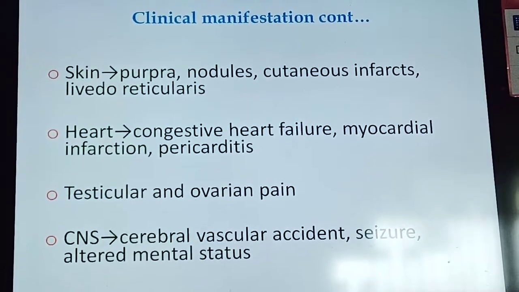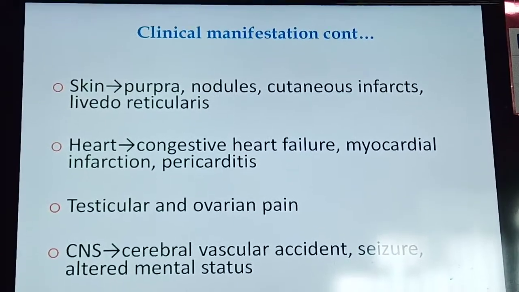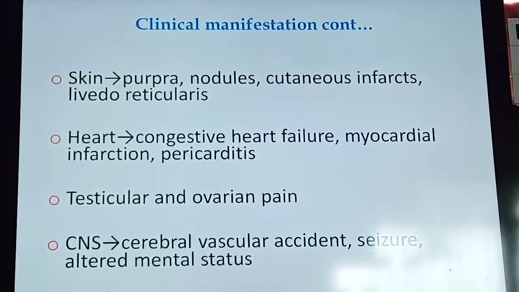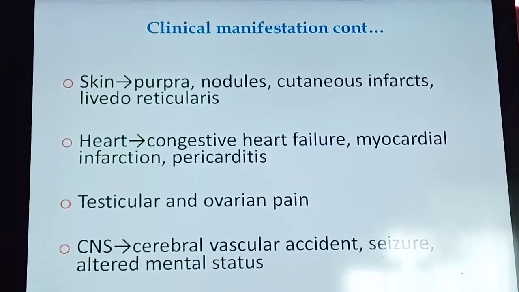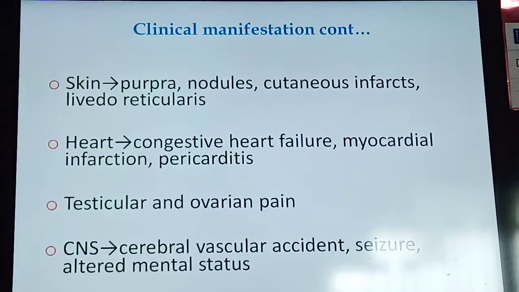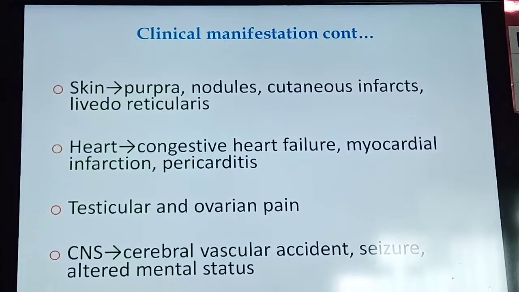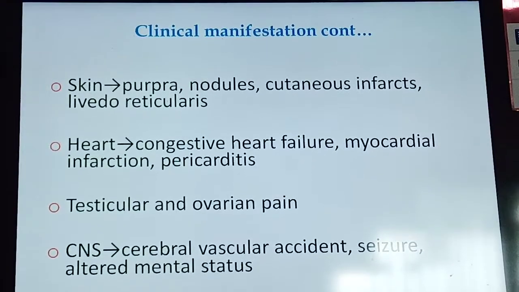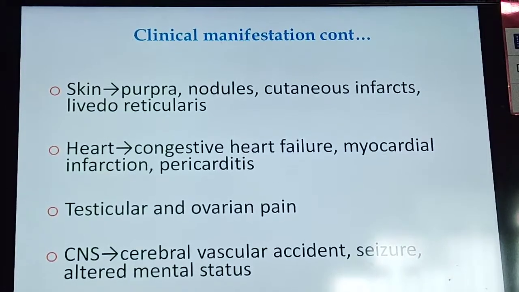In skin, there is purpura, nodule development, cutaneous infarct, and livedo reticularis. In the heart, there is congestive heart failure, myocardial infarction, and pericarditis. Testicular and ovarian pain may occur. In the CNS, there is cerebrovascular accident, seizures, and altered mental status. These are the different clinical manifestations of polyarteritis nodosa.